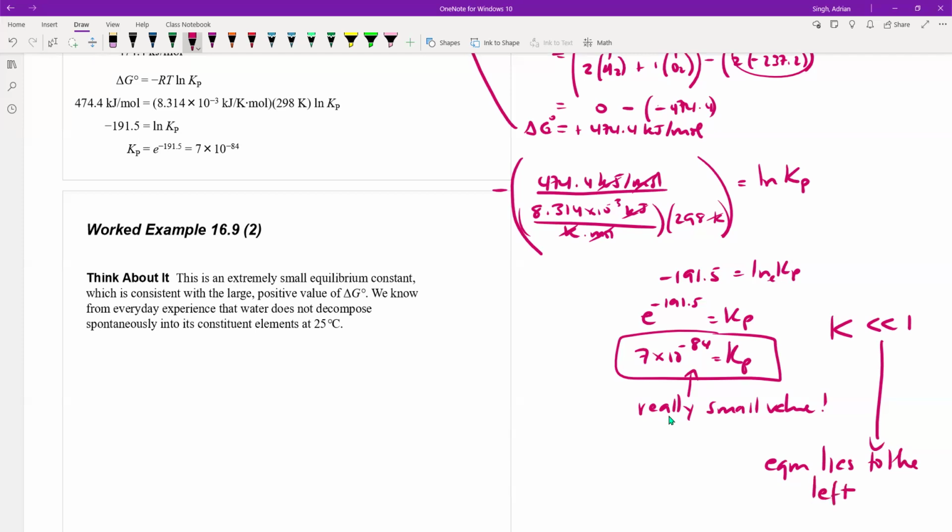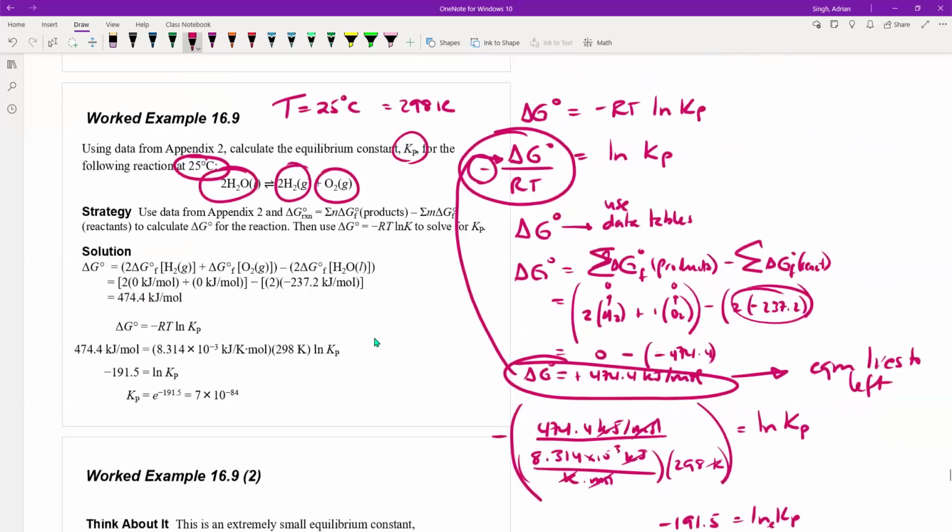What that also tells us, because we found up here that our delta G value is positive, confirms that the equilibrium lies to the left, because a positive value for delta G tells us the reaction as written is non-spontaneous.